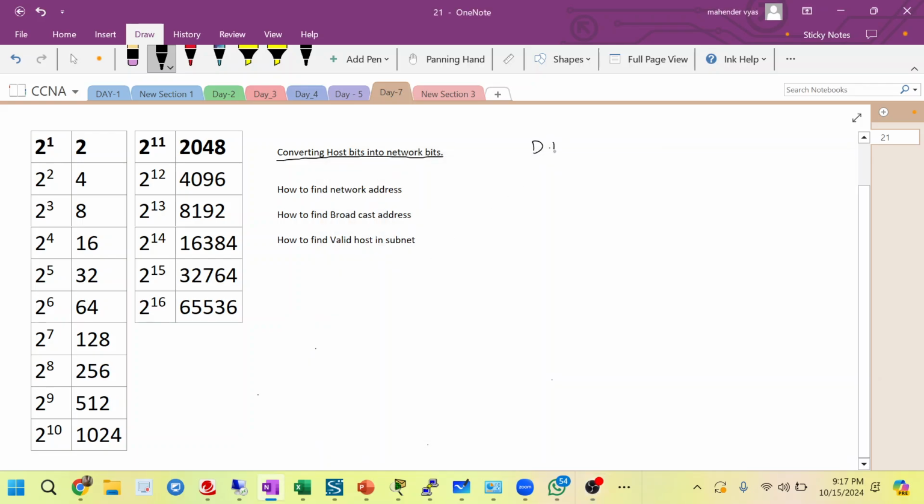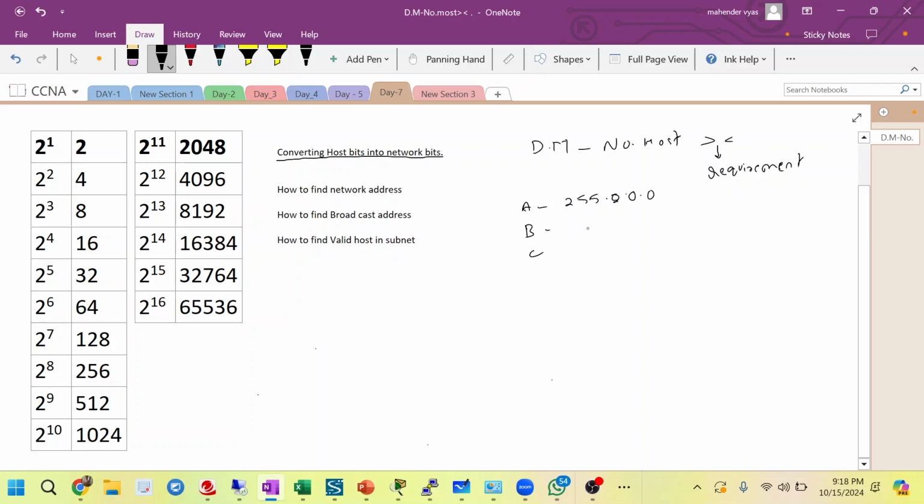If you take a default mask, the number of hosts would be more or less. It can be greater than or less than, but it is not what is our requirement, right? You take any class, whether it is class A, B or class C. Class A, if you take default mask 255.0.0.0.